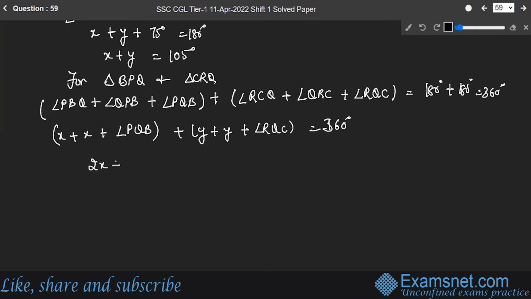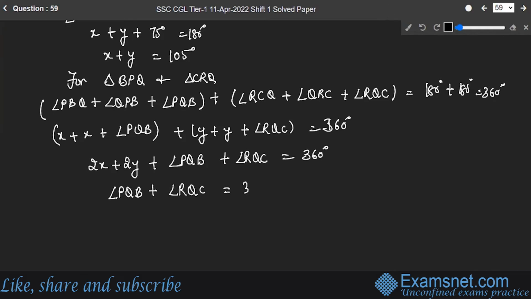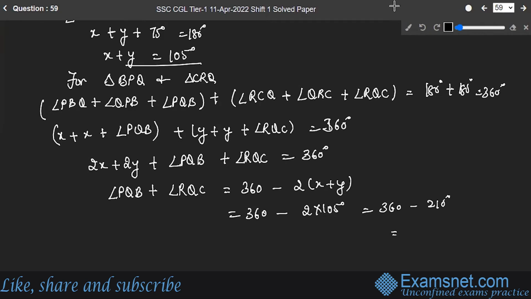This becomes 2X plus 2Y plus angle PQB plus angle RQC is equal to 360 degrees. So angle PQB plus angle RQC is equal to 360 minus 2 into (X plus Y). What is X plus Y? It was 105. So this is equal to 360 minus 210 degrees, that is equal to 150 degrees.